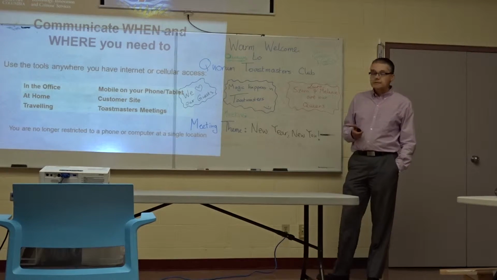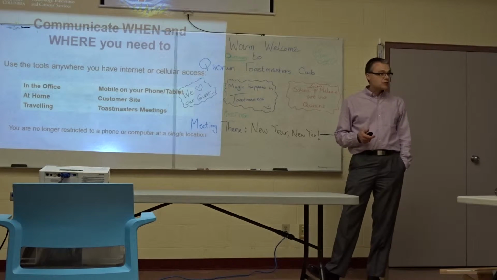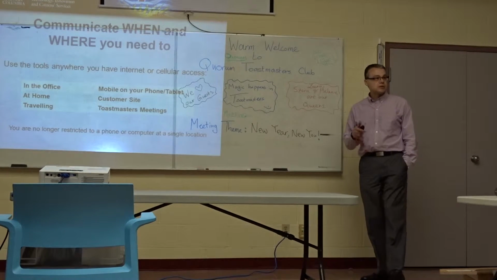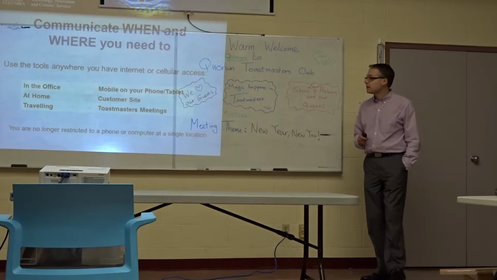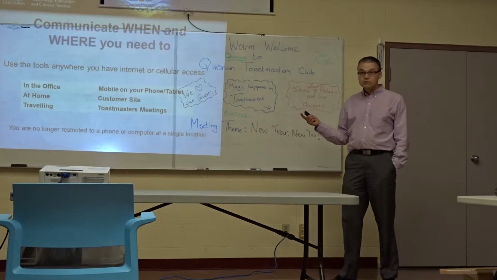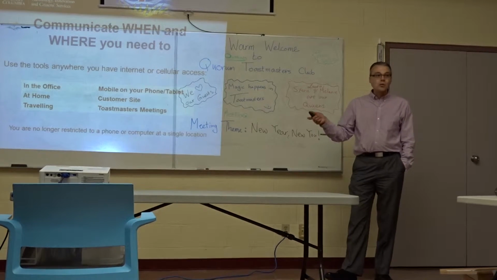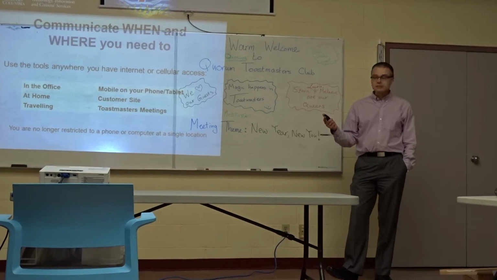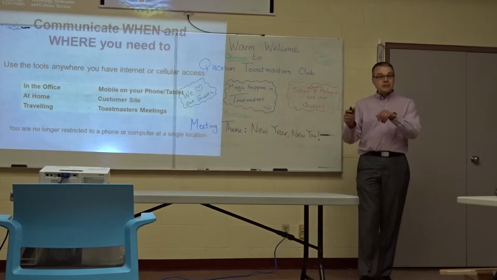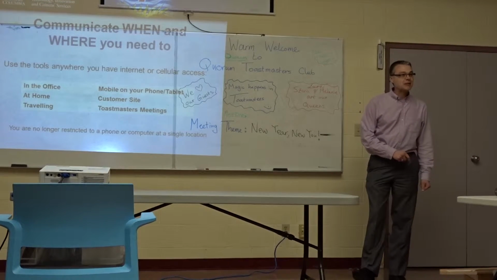As long as you have an internet network connection or cell access, you can use one or more of the tools to be reached or to reach somebody. So you're in the office, you're at home, you're traveling at the airport, you're in a hotel, you're walking around, you have your mobile with you. You're at a customer site, or you're at a Toastmaster meeting.